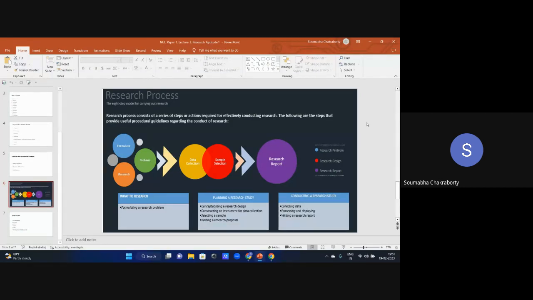So the report should be written in an academic style and be divided into different chapters and sections based on the themes of your study.